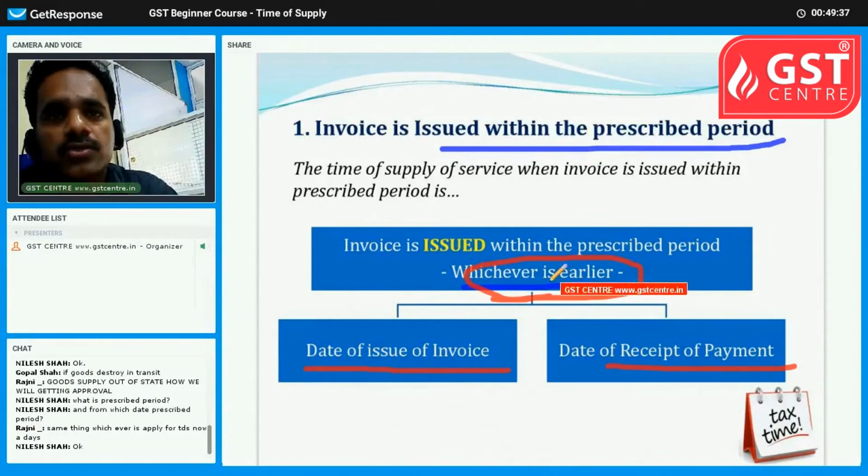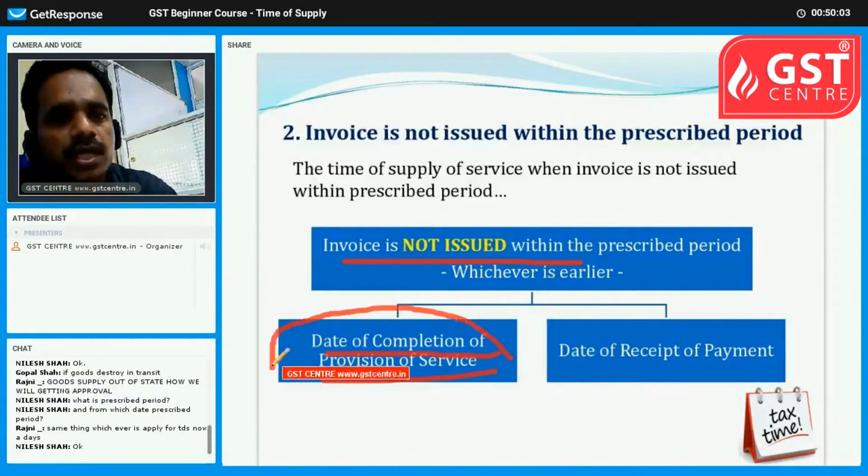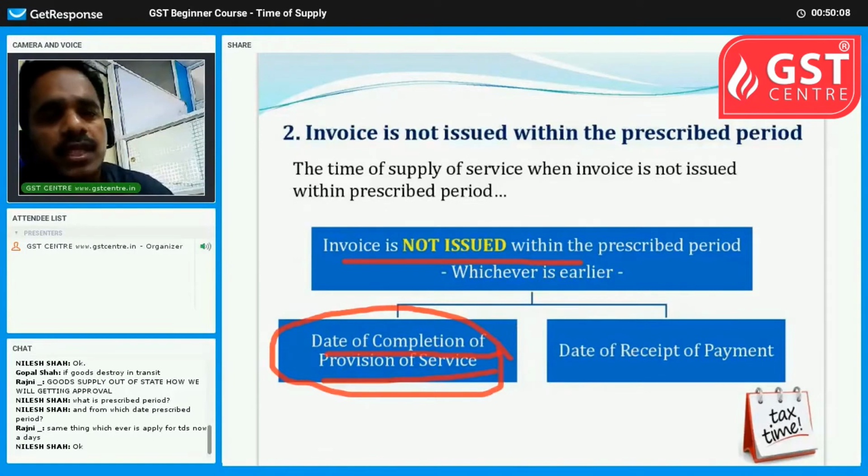Okay. So in this case, the invoice is issued within the prescribed period. If the invoice was not issued within the prescribed period, that is a second situation. Then we have to check the date of completion of provision of service as per the agreement, or the date of receipt of payment.